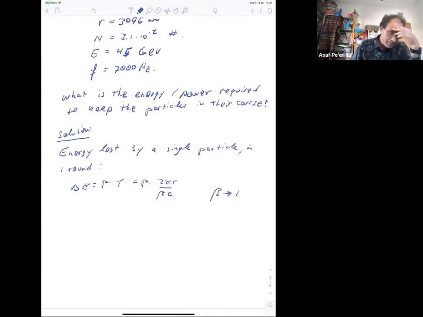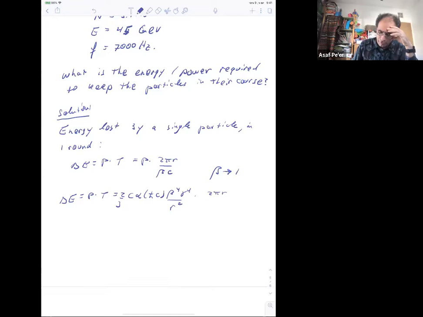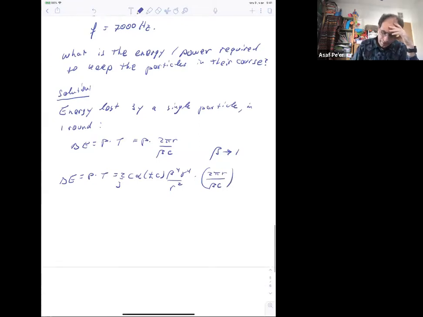So delta E per single electron, P times T, is 2/3 C alpha h-bar c beta^4 gamma^4 divided by R squared, times 2 pi R over beta C. So this is just 4 pi over 3 alpha h-bar c beta^3 gamma^4 divided by R.